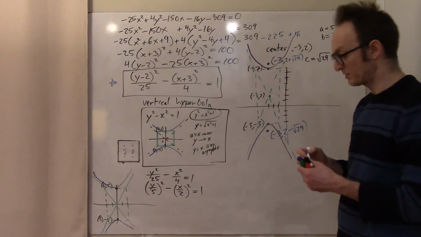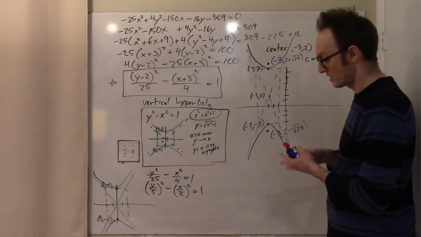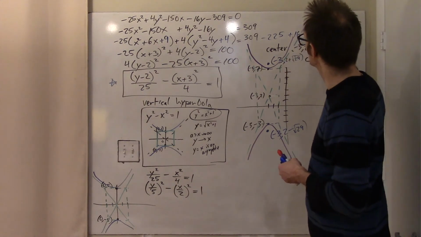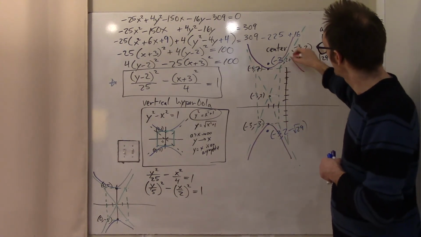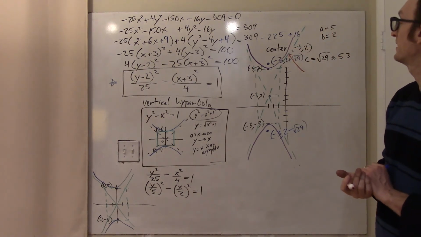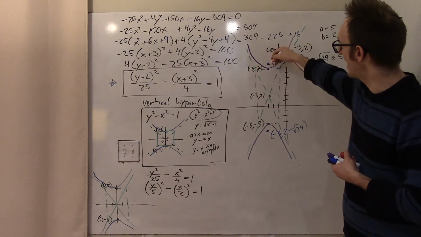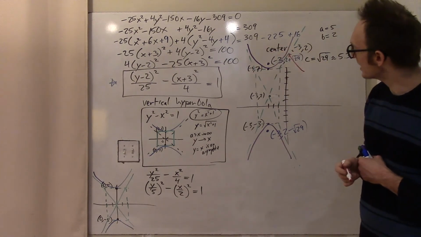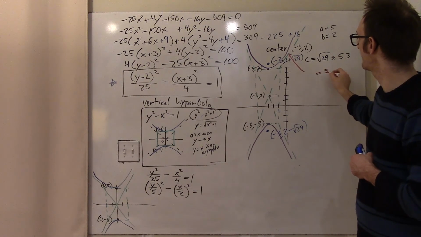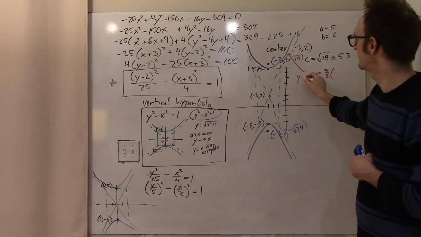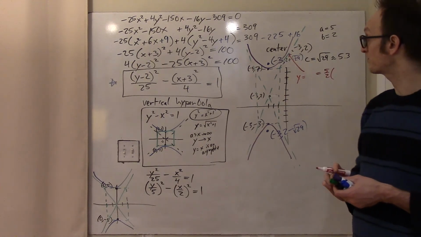Alright, and another thing we can do is to write the equations of these asymptotes. What about this one over here with positive slope? What's its equation? Well, it's just a line with slope up 5 over 2. So it's going to have slope 5 halves, but this line has been moved so that it goes through the point (-3, 2).